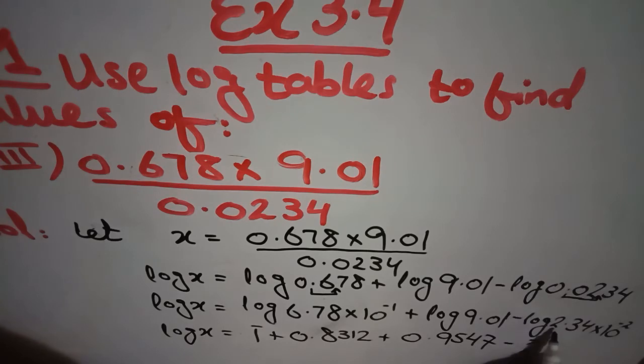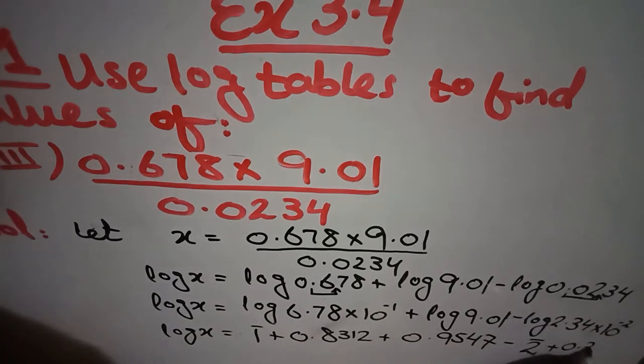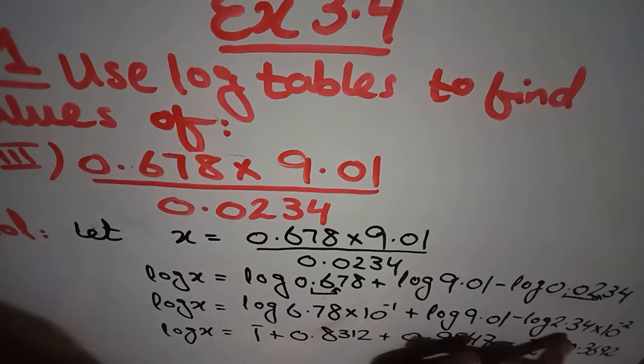To find the mantissa, use this value 2.34 from the table. You will find the mantissa, that is 0.3692. You have to see the 23rd row and the 4th column, and you will get this value from the logarithm table. 2 is the characteristic and this is the mantissa, so you get your logarithm from this value.